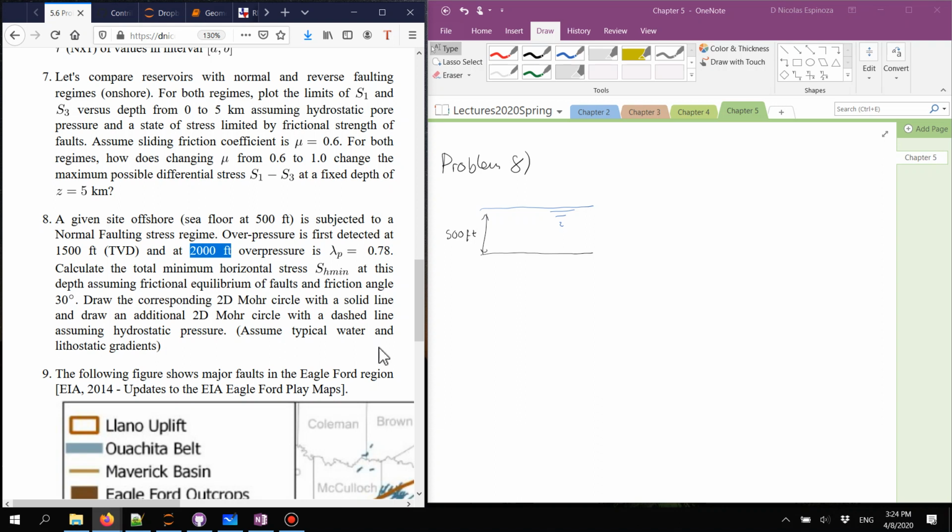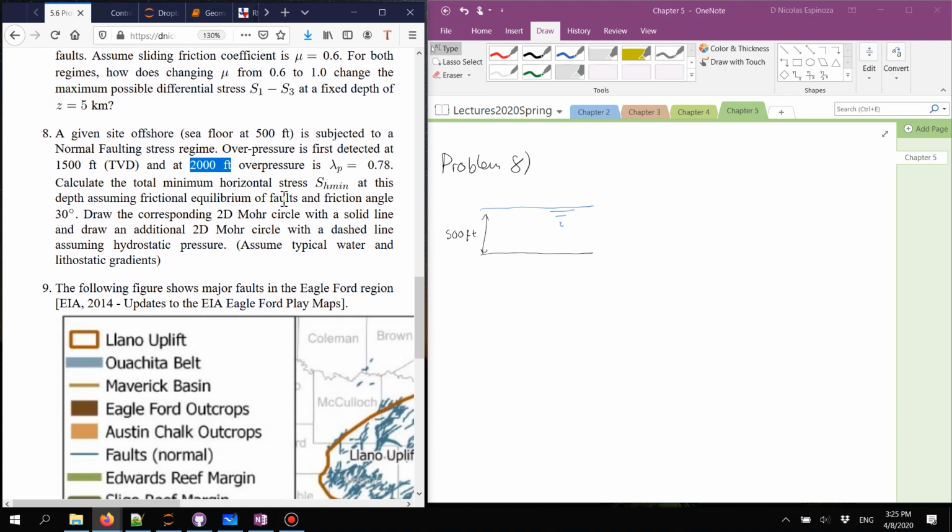Okay, so it's at 2,000 feet of depth, and what you know in this case is also the overpressure, and you need to determine the horizontal stress.